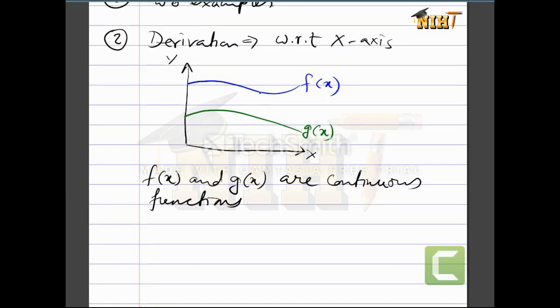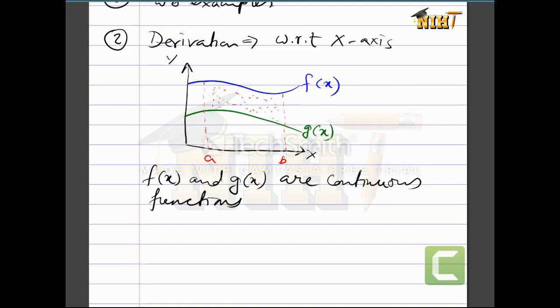So let us say we want to find the area between the ranges a, b, or in other words, this dotted region is our region of interest. We want to find this particular area.